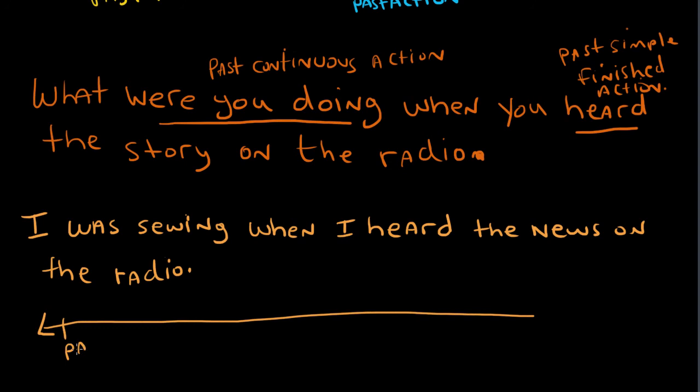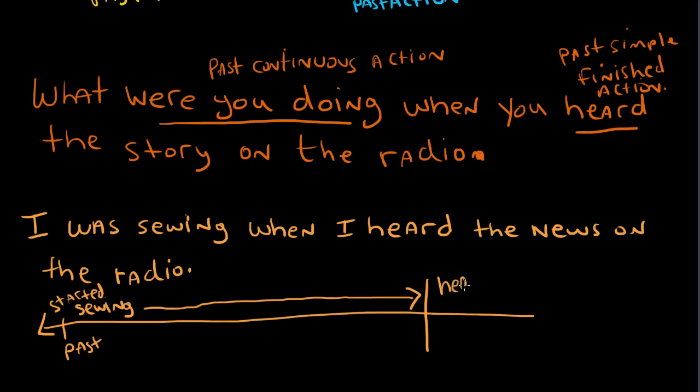Here's the past. You started to sew, or started sewing. Then you kept sewing until this point in the past when you heard the news and it was a finished past action.